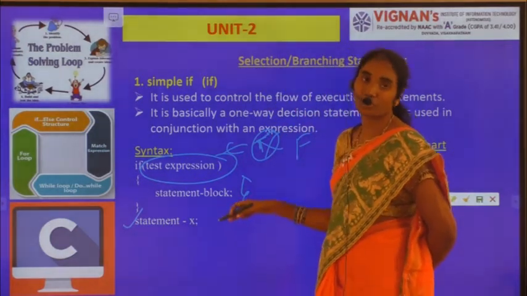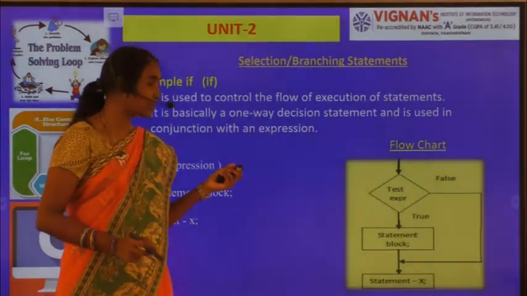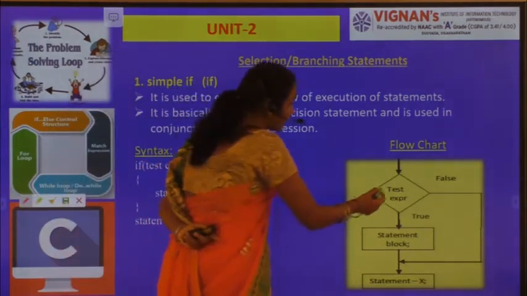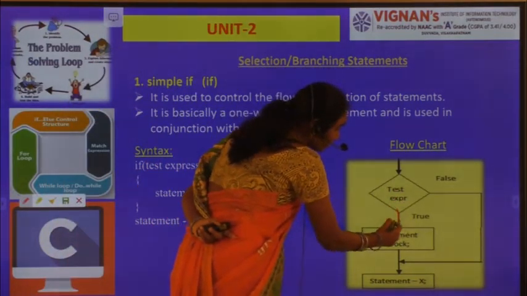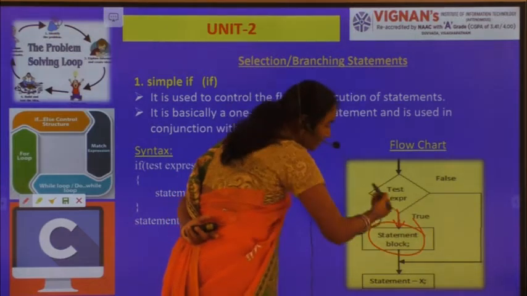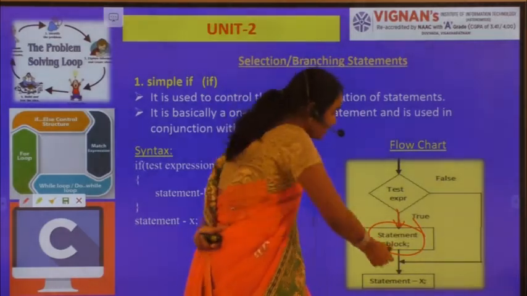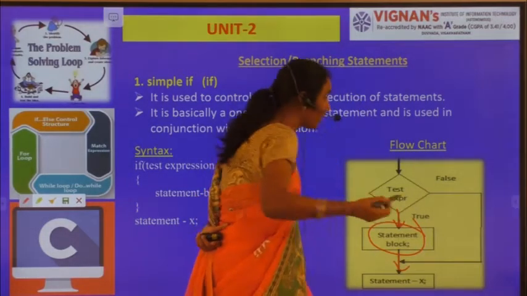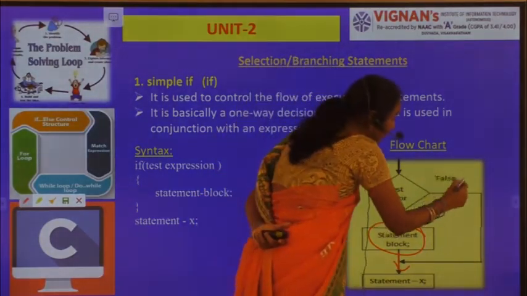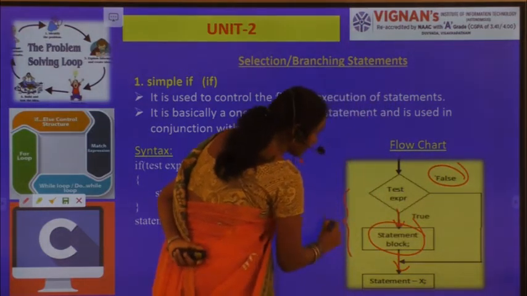So this I want to showcase to you with the help of a flowchart, right? So this is a flowchart for a simple if statement. If the test expression evaluates to true, then the block of statements will be executed. Now, after the execution of all the block of statements, the statement X will be executed. Suppose the test evaluates to false, then it will not execute the statements.